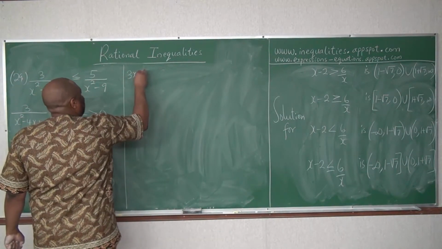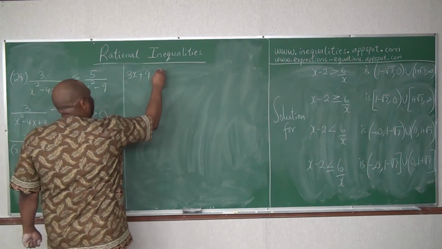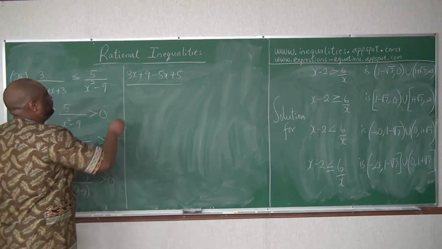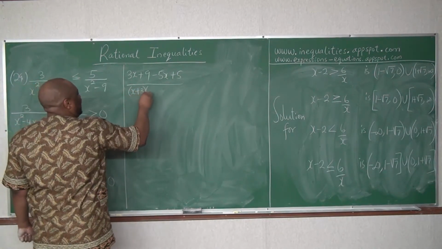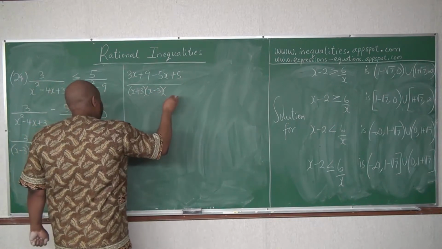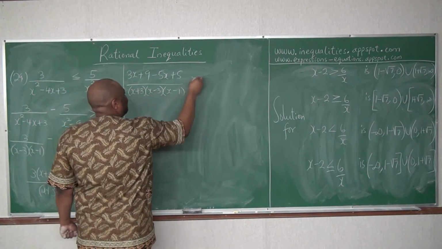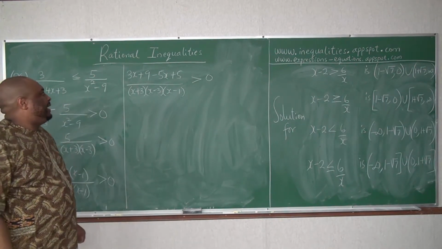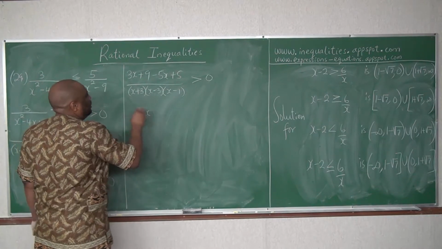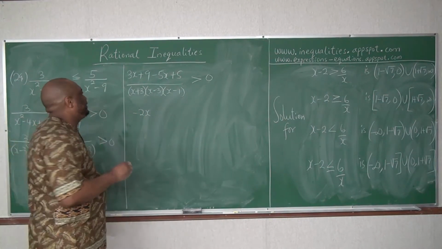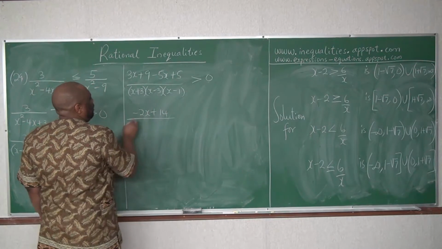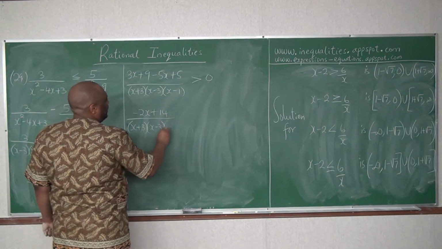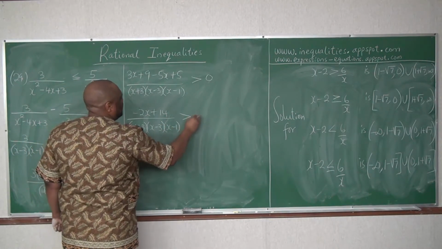This is 3x plus 9 minus 5x plus 5 all over x plus 3 times x minus 3 times x minus 1 greater than 0. 3x minus 5x is minus 2x. 9 plus 5 is plus 14. All over x plus 3 times x minus 3 times x minus 1 greater than 0.